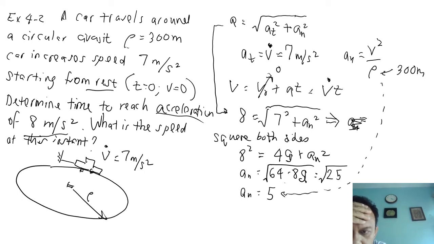So we can find that at that particular point an equals v square over rho.